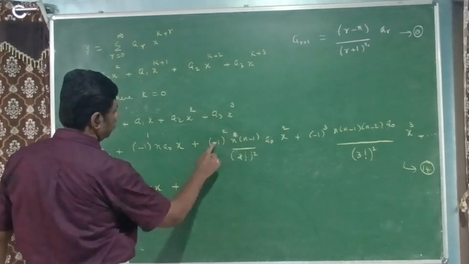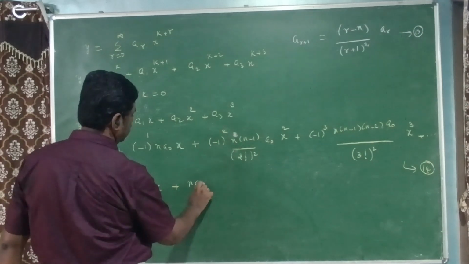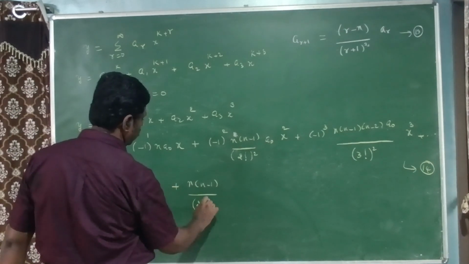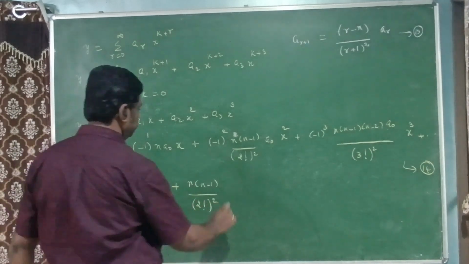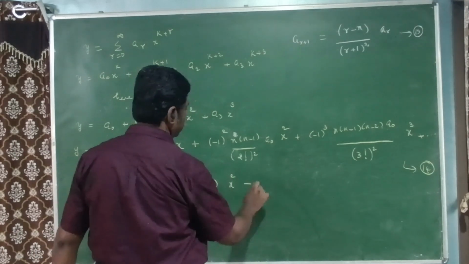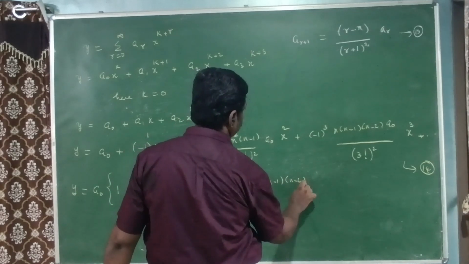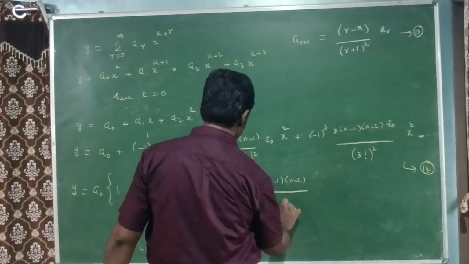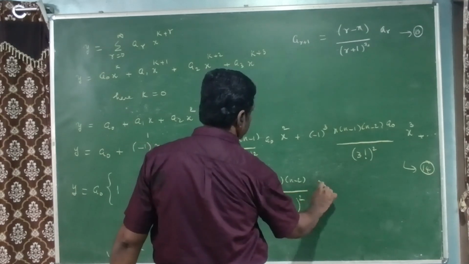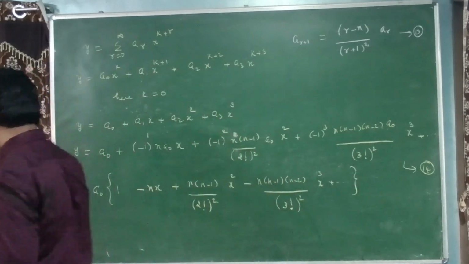Then plus n into n minus 1 divided by 2 factorial square x square, minus n into n minus 1 into n minus 2 divided by 3 factorial square x cube. Then the series is going on.